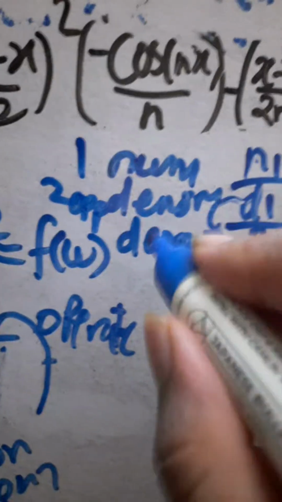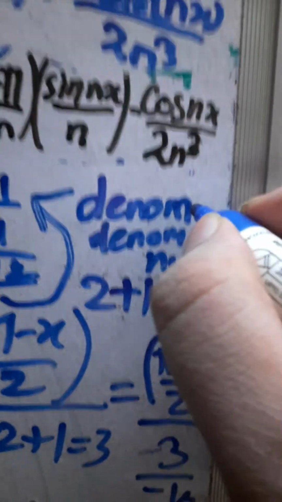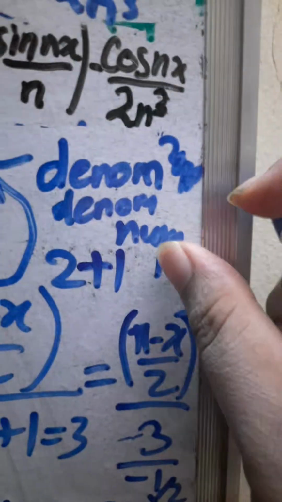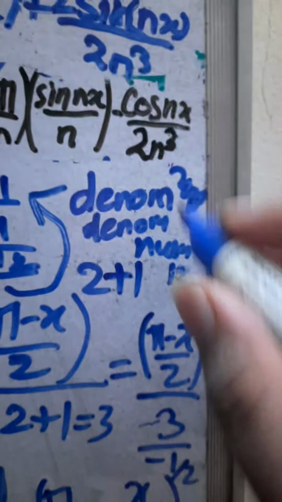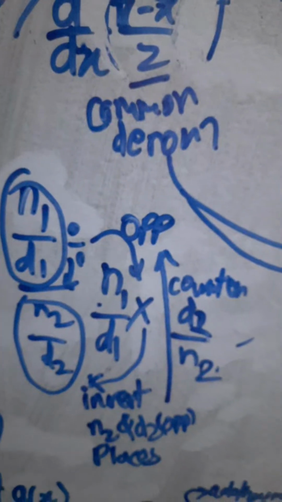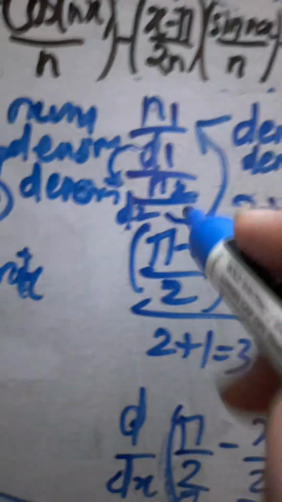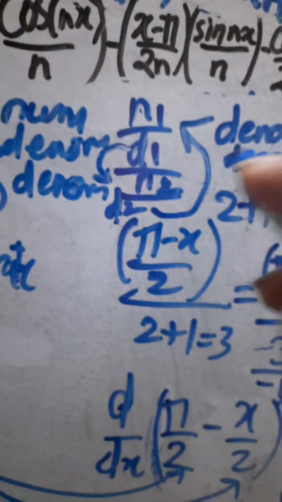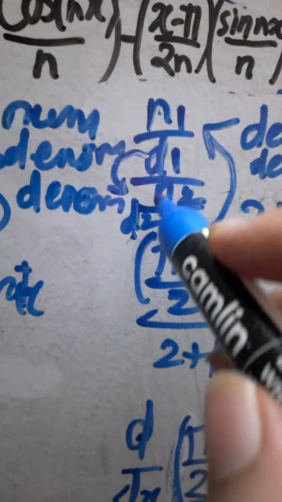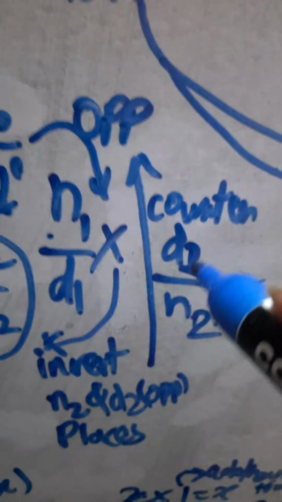Numerator 1 and the other, denominator 2 opposite, now 2 goes up, and 1 goes down, like that you can remember. But you can still understand it like this. So in this song also you could have understood that d2 went to n1, so here also I told you n1 into d2, and d1 went to n2. So d1 is also multiplied with n2. So this is how it looks.